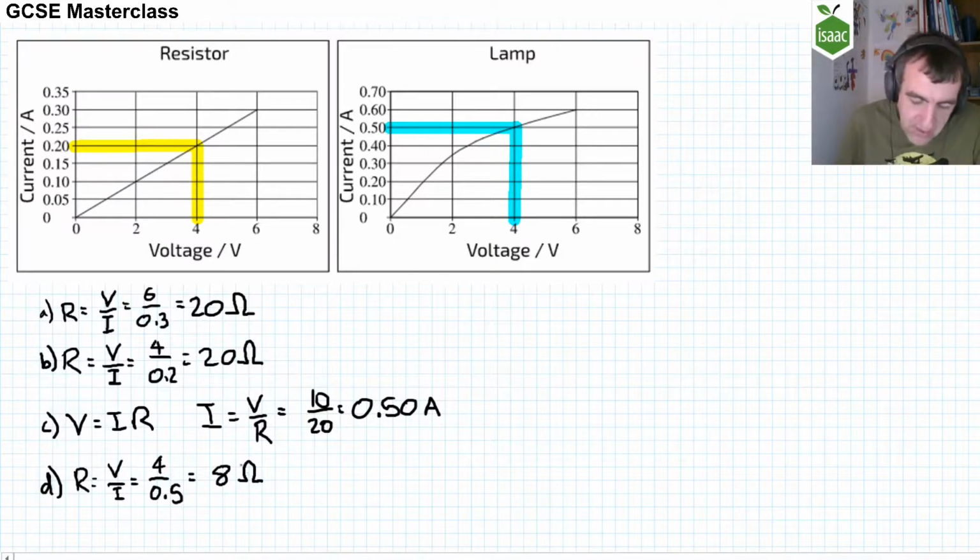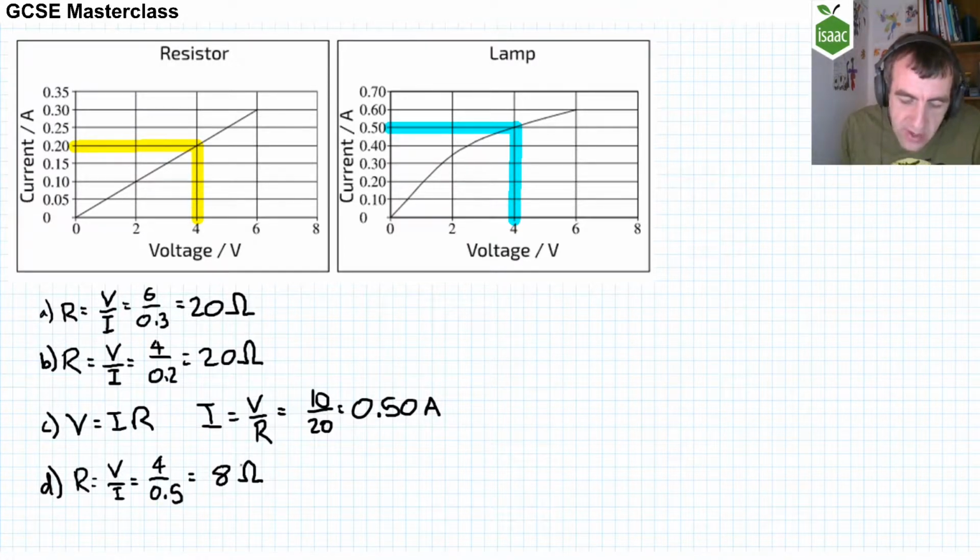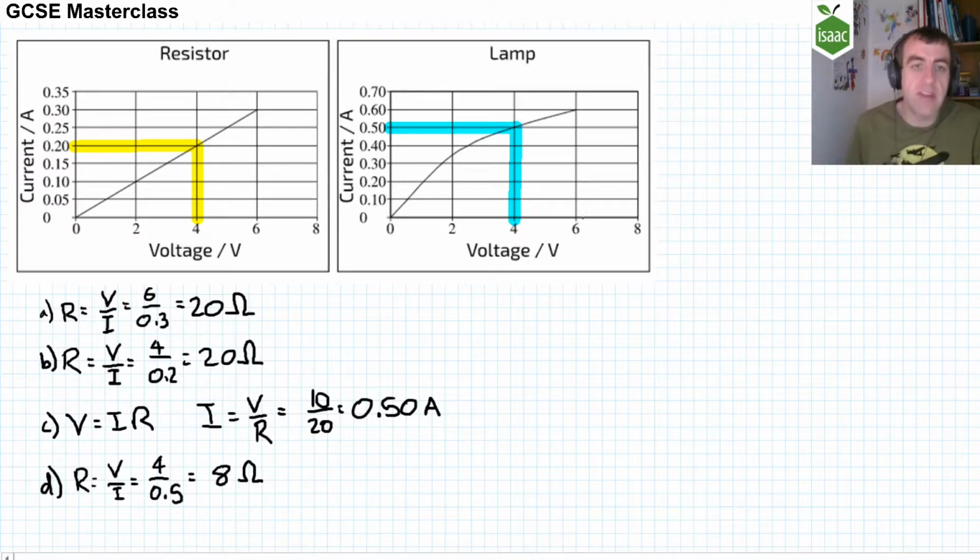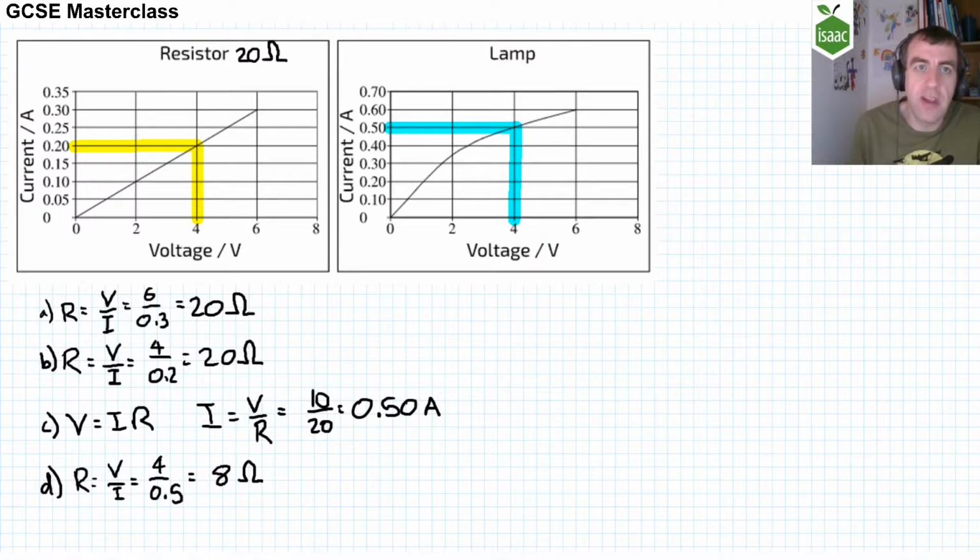Okay, so part E then. Part E says you wired the resistor and the lamp in parallel and connected them to a 6-volt supply. I think we need a diagram, don't we? I'm just going to make a note on this diagram that this is 20 ohms because I'm fairly sure that information is going to be useful later.